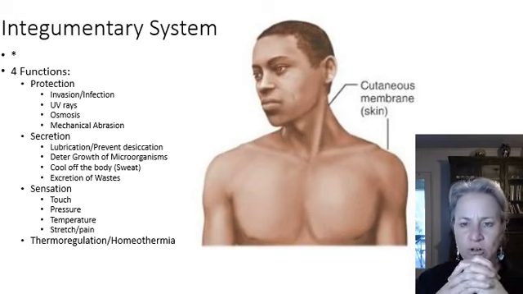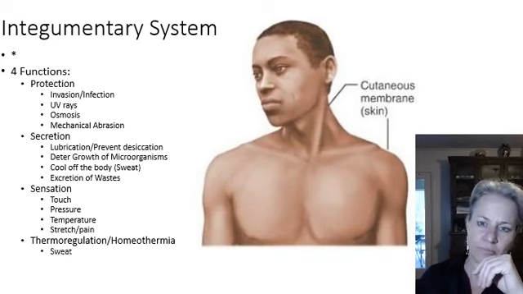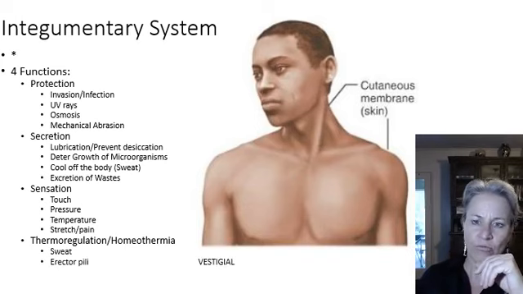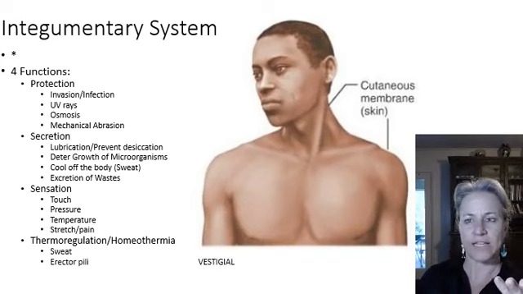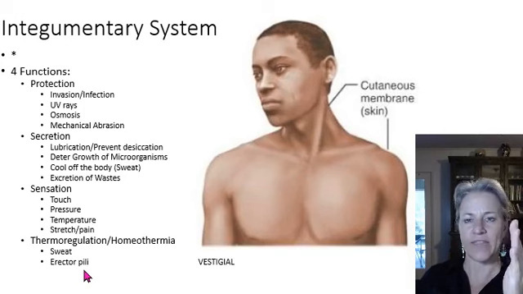Now when you're cold, what will happen? One thing that will happen is the erector pili muscles will cause the hair to stand straight up, and that's going to result in chill bumps.